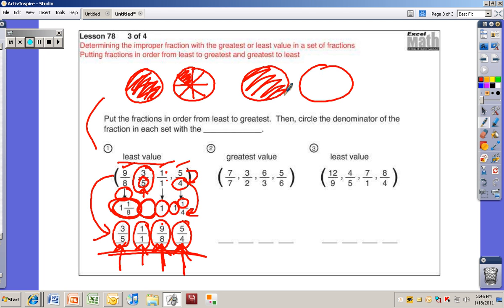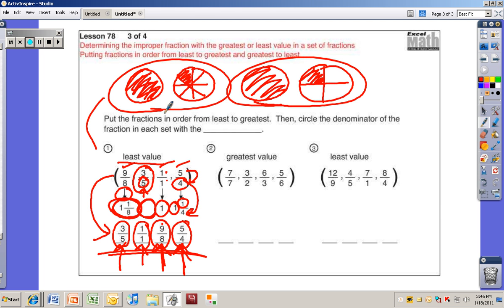Here's 1. Split this into fourths and 1/4. So you can see that this has more stuff than this does. This piece right here is smaller than this piece right here. And so that makes that fraction smaller than the other. So that's why we put this one first in order of least to greatest.